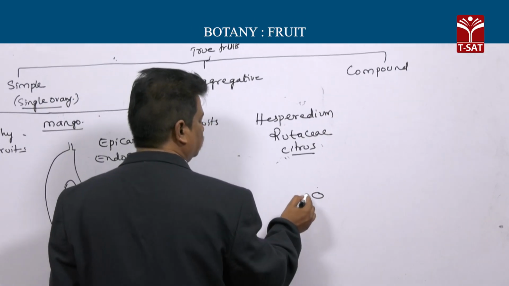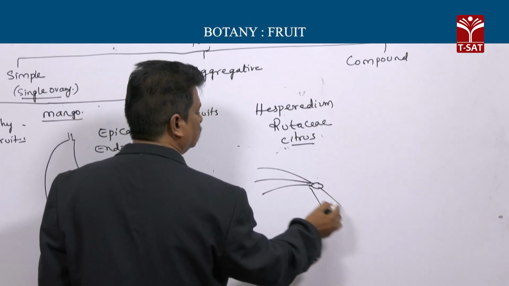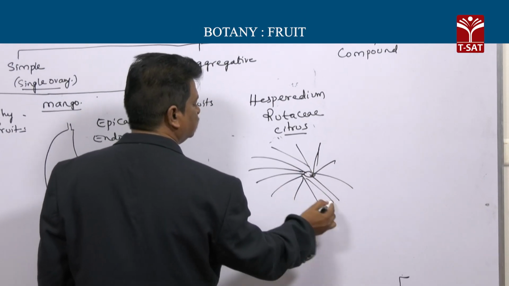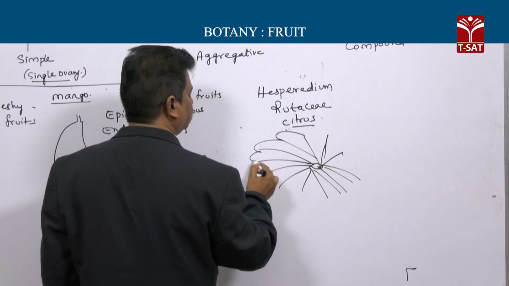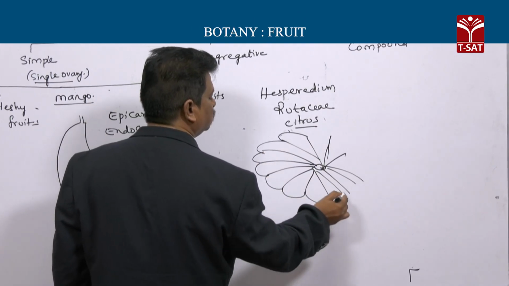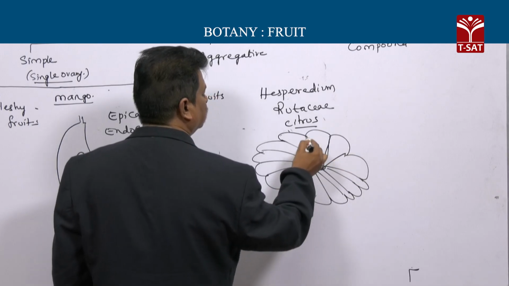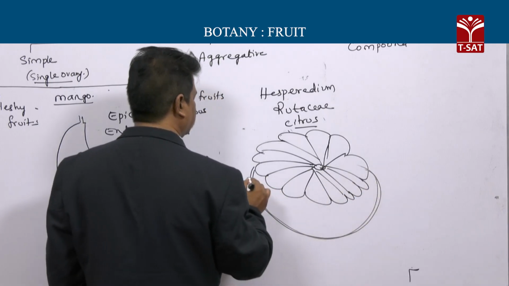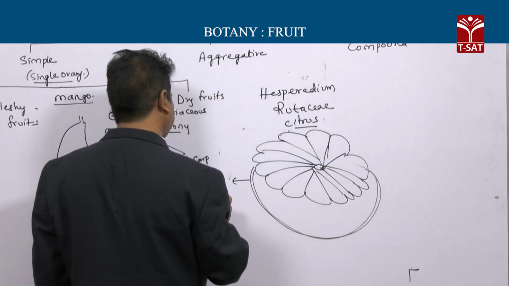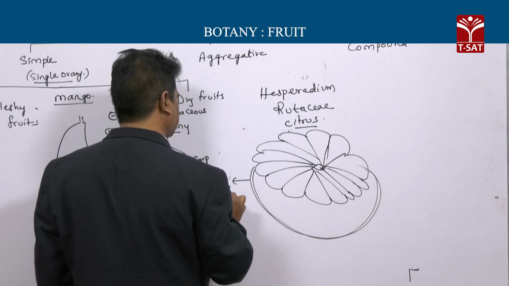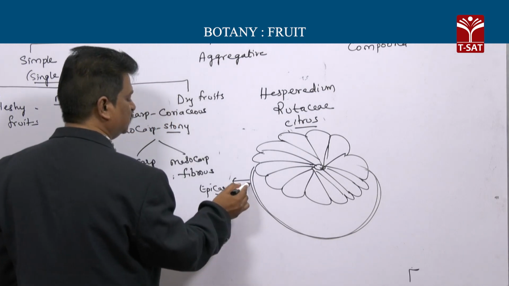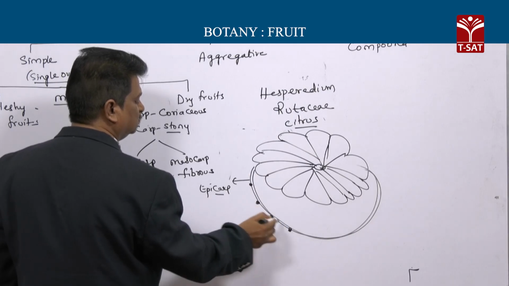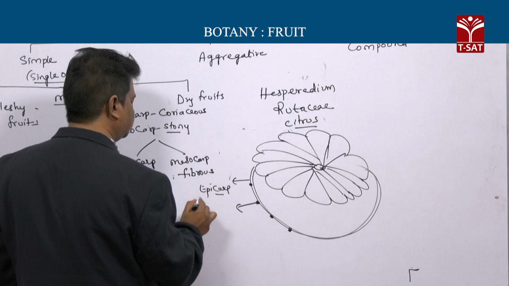This Hesperidium fruit is developed from a multicarpellary, syncarpous, multilocular and superior ovary. In this fruit, the epicarp is leathery or coriaceous, and this epicarp contains oil ducts.